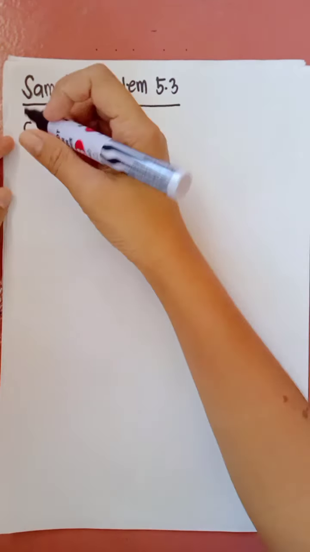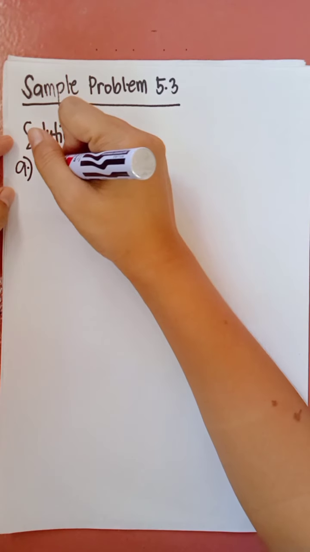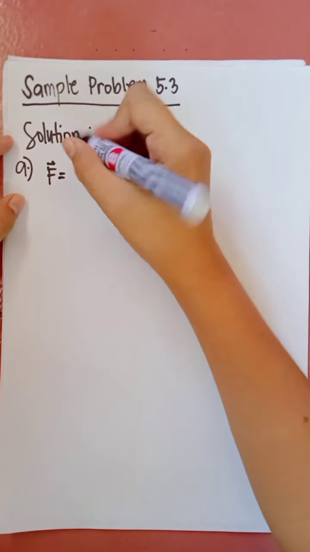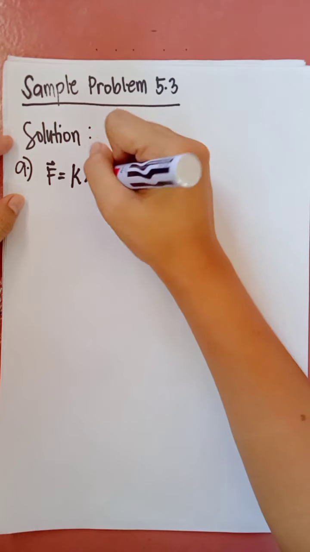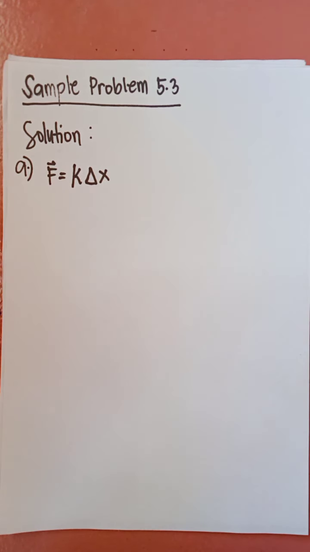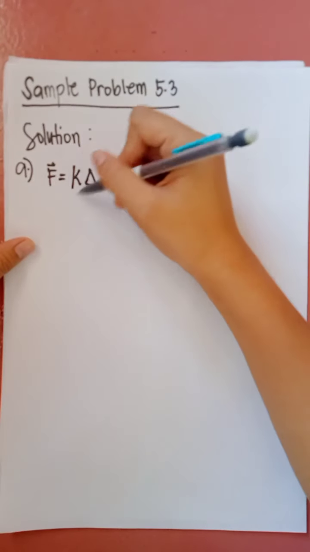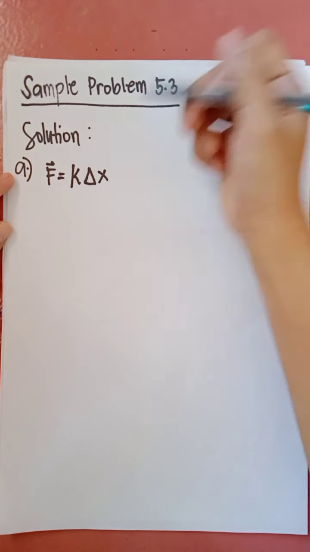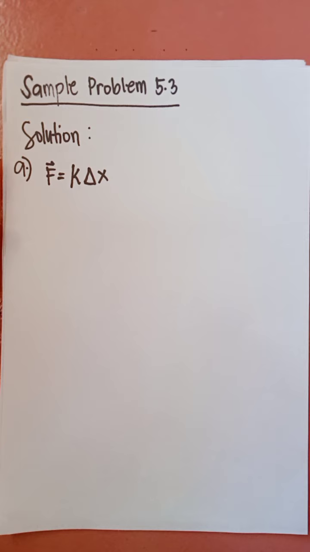So equation 5.2 is F, or force, is equal to K delta X, where F is of course the force, K right there is the force constant of the spring, and delta X is the elongation or compression of the spring.